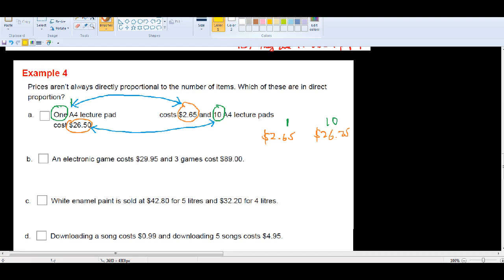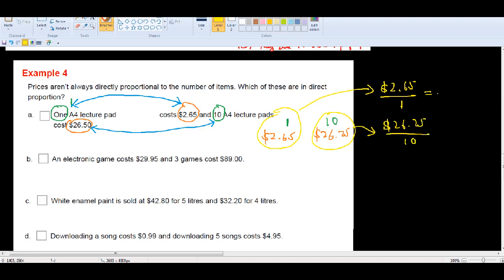You might do the division. For the first pair, you do 2.65 divided by 1, and for the second pair, 26.50 divided by 10. Are they the same? See, this one and this one are the same.